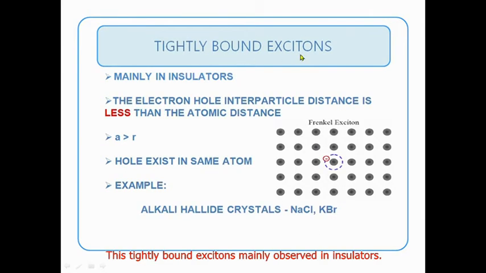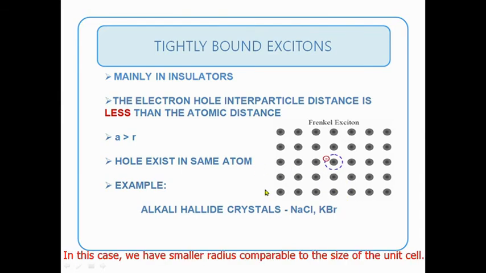Tightly bound excitons are mainly observed in insulators. In this case, the electron hole interparticle distance is less than the atomic distance. This type of exciton is localized on or near a single atom, that is, the hole will also exist in the same atom as the electron, although the pair may be anywhere in the crystal.